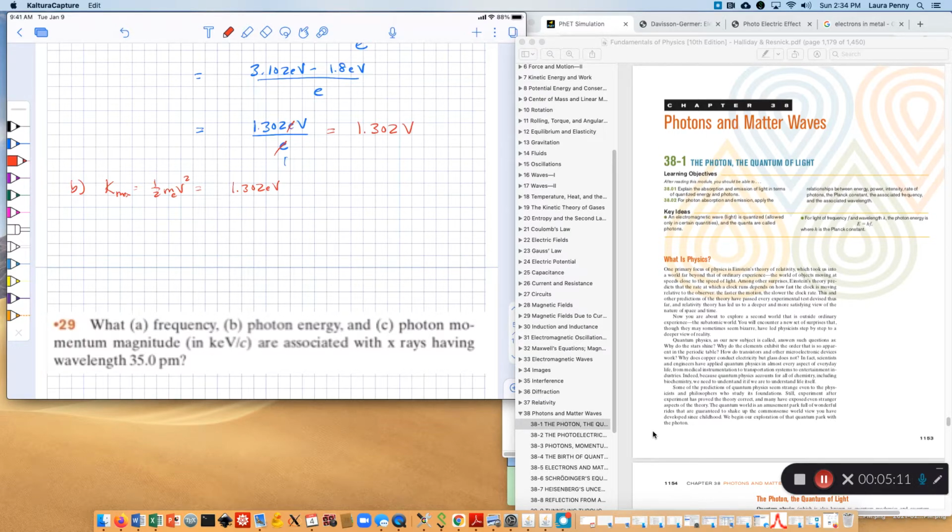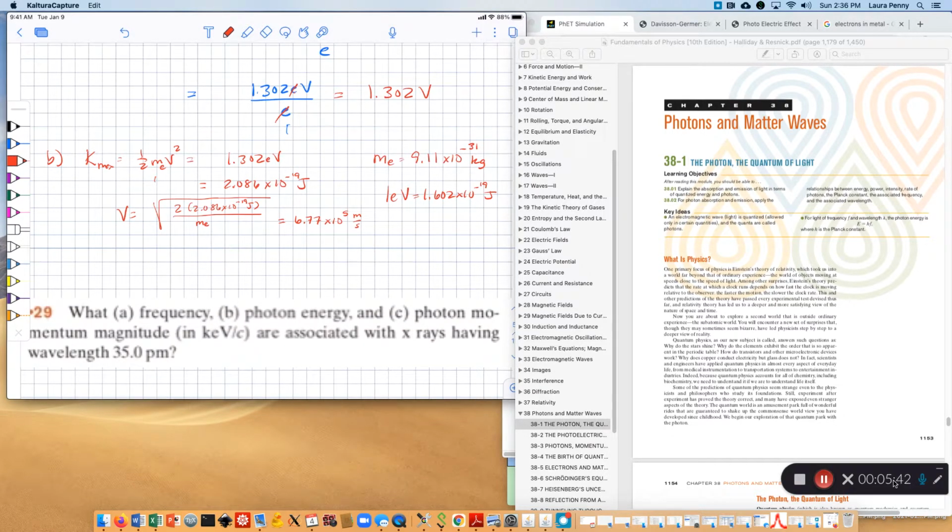It's easier for me to think of the mass in kilograms, even though we have that weird mass in electron volts per c squared, which really starts to be cumbersome. And so I am going to convert this to joules, where 1 electron volt is 1.602 times 10 to the negative 19 joules.